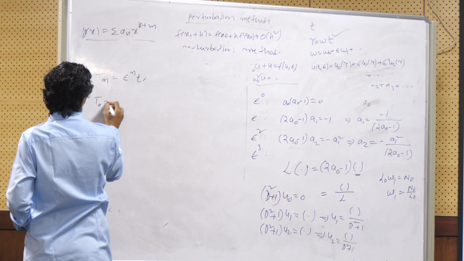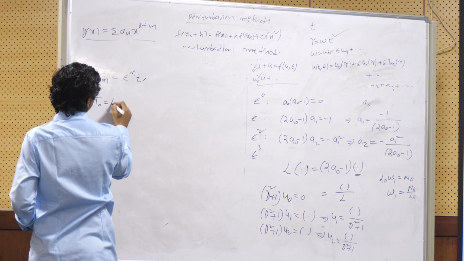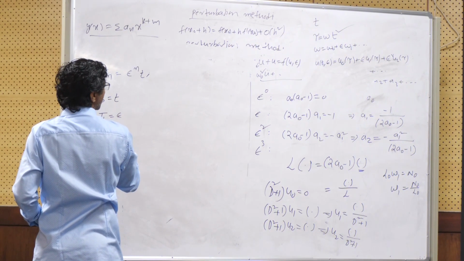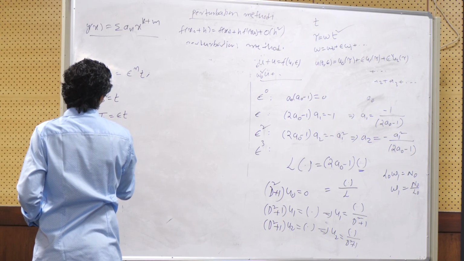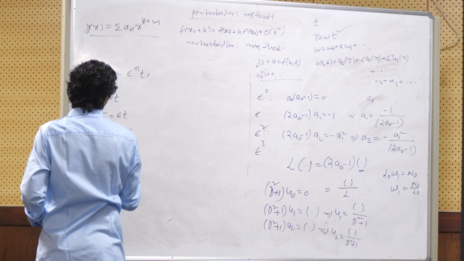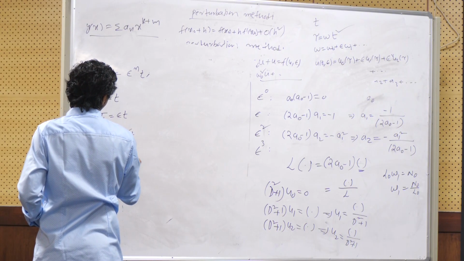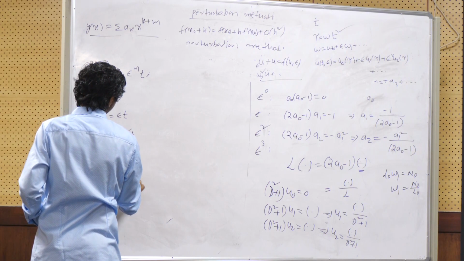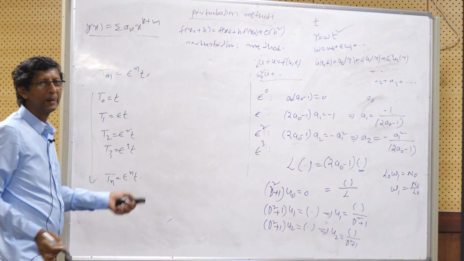So for n equal to 0, we get T0 equal to t. For n equal to 1, we get epsilon t. For n equal to 2, we get epsilon square t. And for n equal to 3, we get epsilon cube t. Like that, we keep on getting Tn equal to epsilon n t.